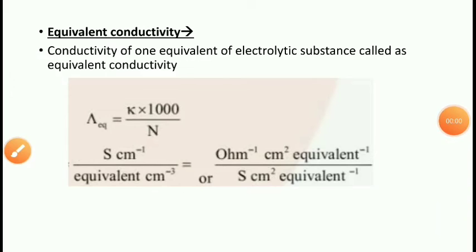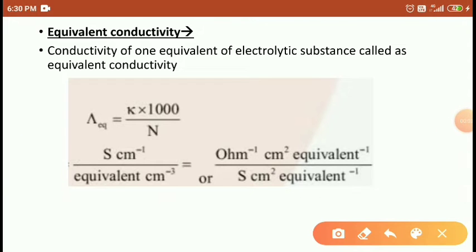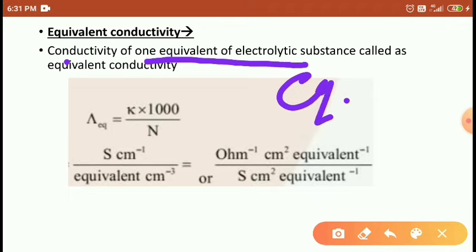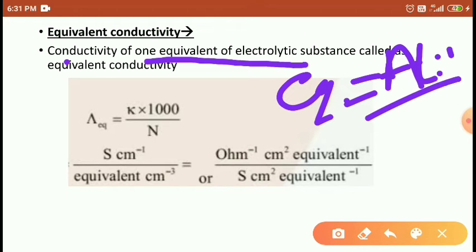Equivalent conductivity. Equivalent conductivity means the conductivity of one equivalent of electrolyte substance. Last time we discussed this. Equivalent weight is the atomic mass divided by the valence electrons.